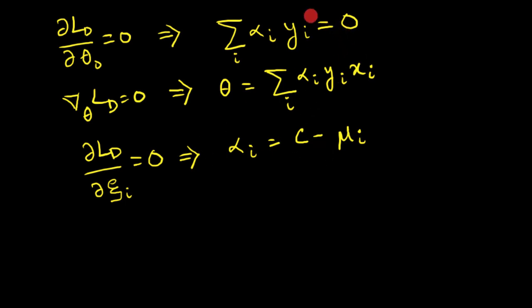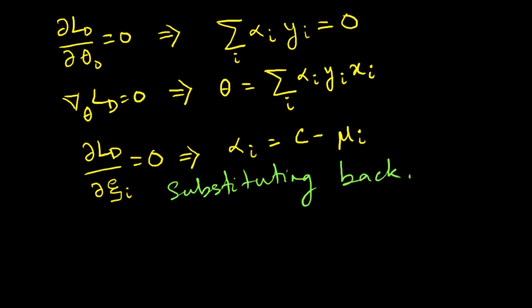And now let us substitute these expressions back into our expression for LD. And lo and behold, we get the exact same Lagrange dual objective function as what we saw in the previous video when we did not take into account any slack variables.